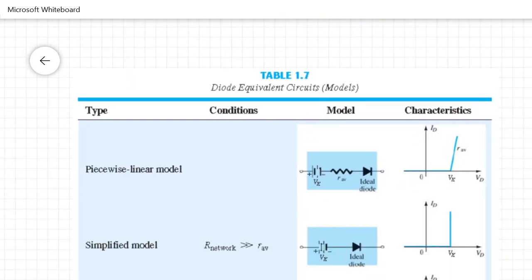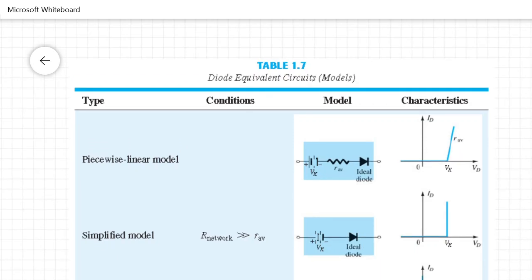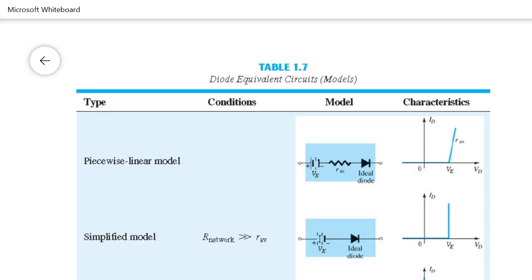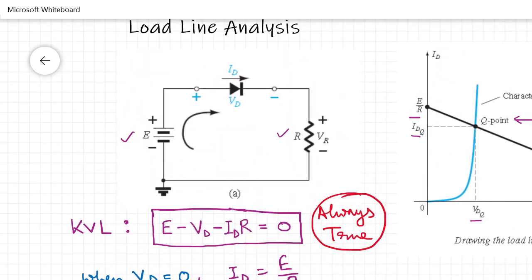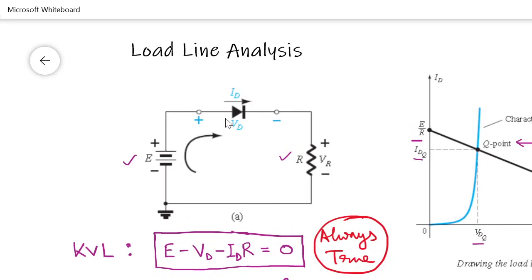Now, we move ahead to the most important part of the diode, which would help us solve circuits of a more general nature. As you can see, in this load line analysis, we have a series circuit only. A series circuit would mean, in another way, how to generalize a series circuit?